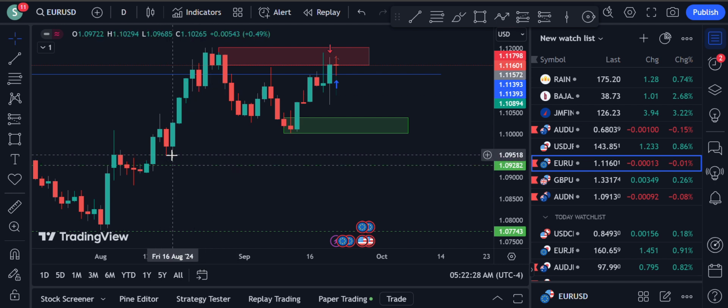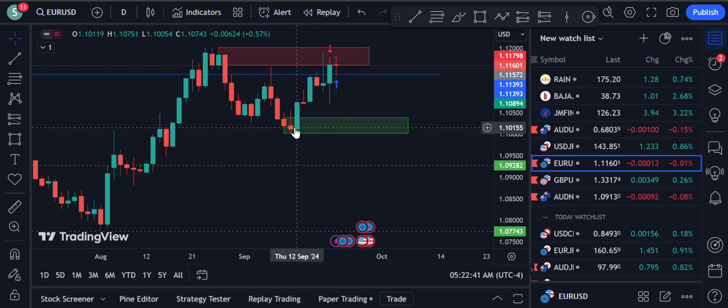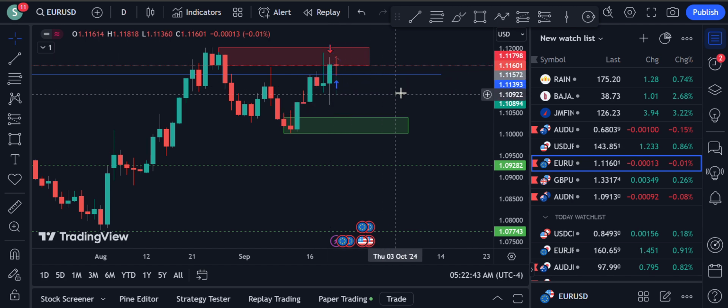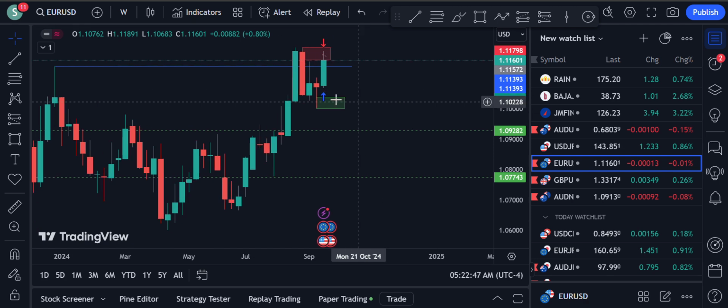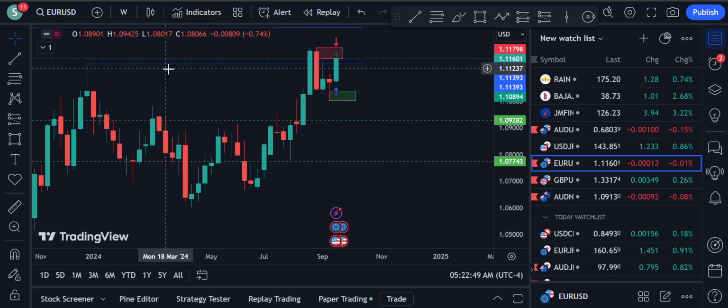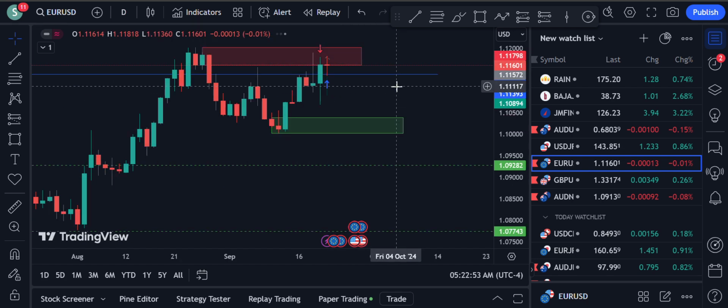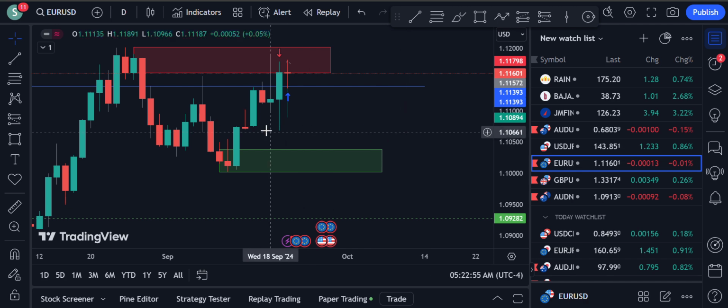If it broke this one, only then could we have thought of any short trade, but it didn't break it. It took support from this demand zone and then went up, and even on weekly we can see it gave a closing above this, so there is no liquidity sweep, we can say. So that was my fault.